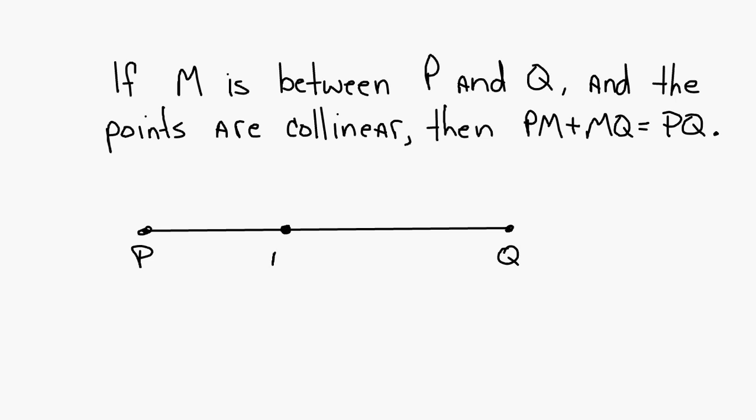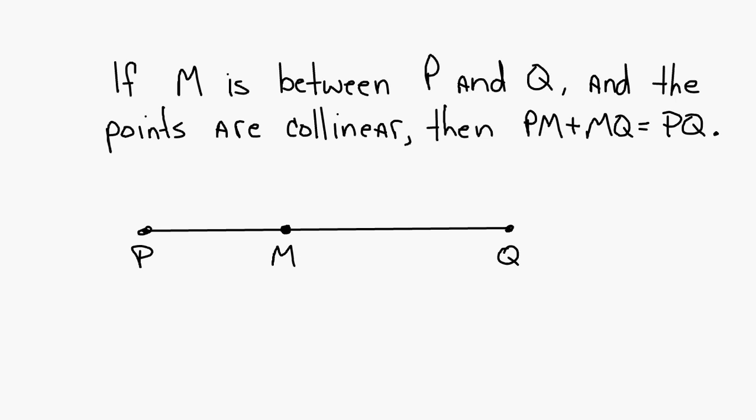So there's M. So does that drawing represent the if-then statement? M's between P and Q, isn't it? Are they collinear? Yeah. Good.